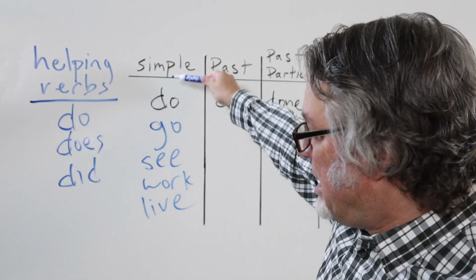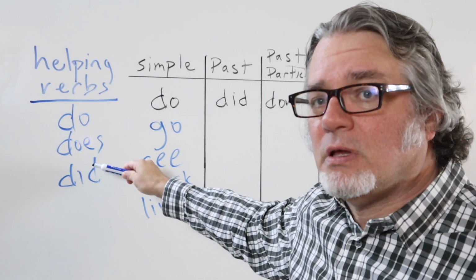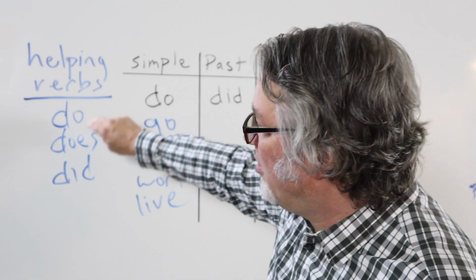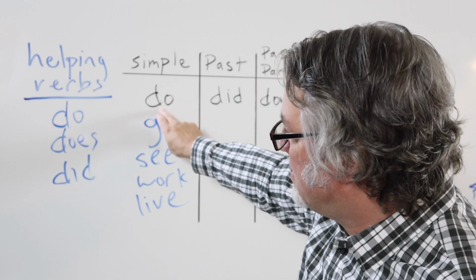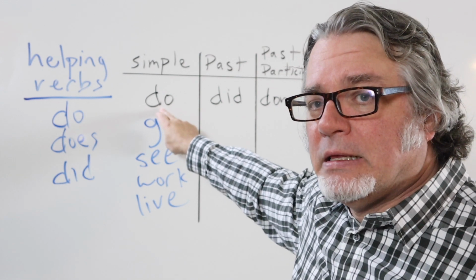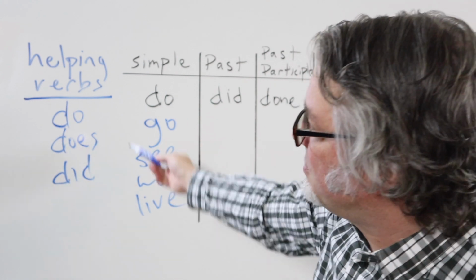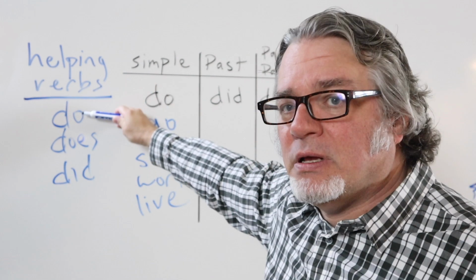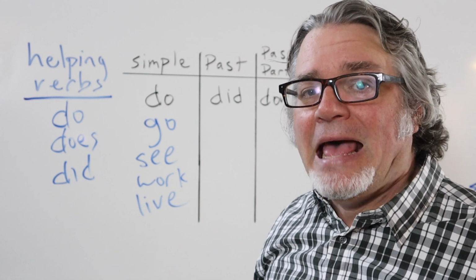This does not change when you use the helping verbs. This helping verb do is not the same thing as this verb in the simple form. This is used as a main verb. This is used as a helping verb when forming questions and negatives.